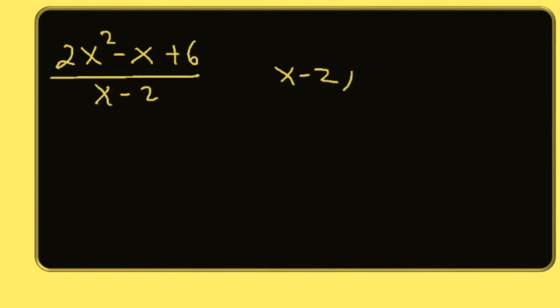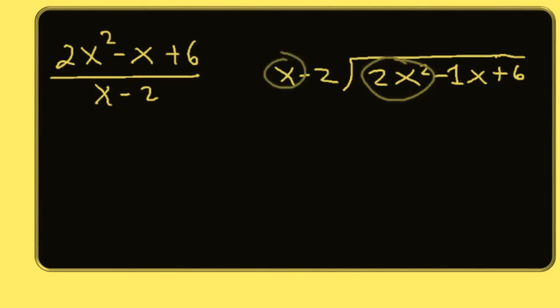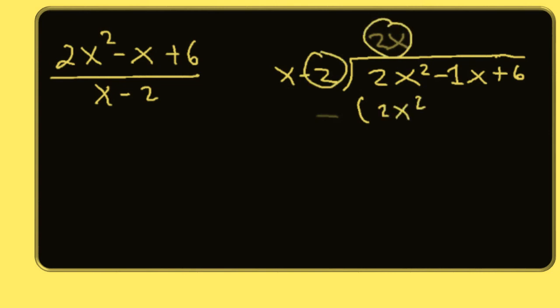I am going to put the denominator on the outside and the numerator on the inside. So first we are going to divide 2x squared by x, which is 2x. Now we multiply: 2x times x is 2x squared, and 2x times negative 2 is negative 4x.